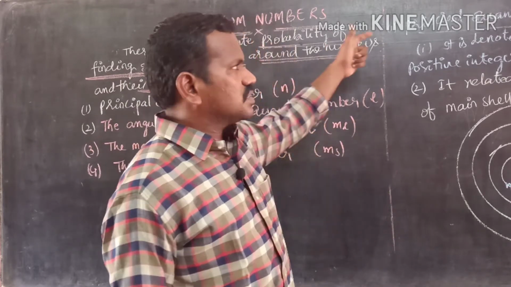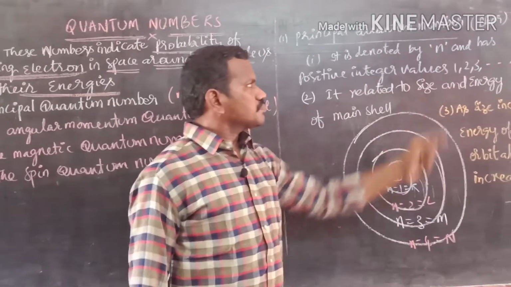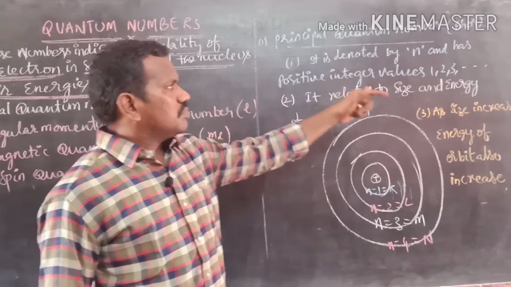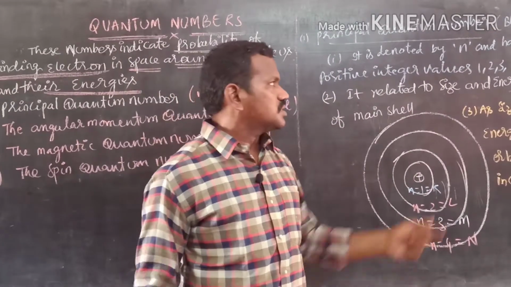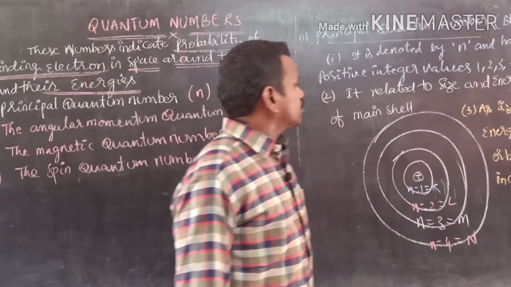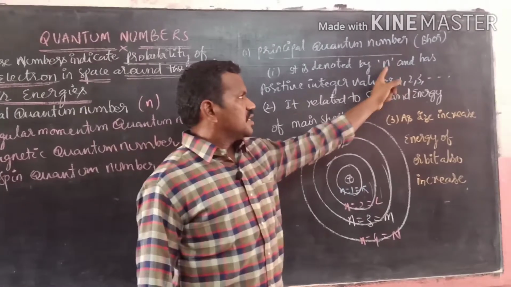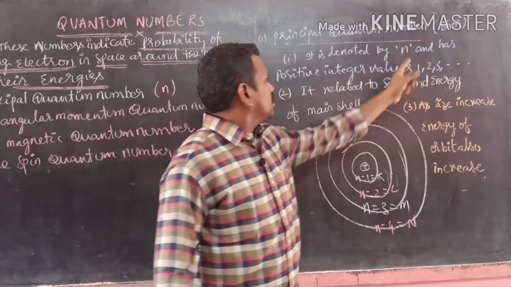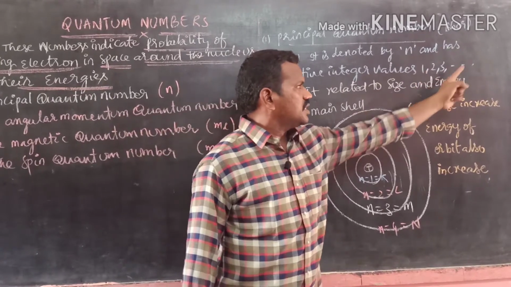Let us come to the first quantum number, the principal quantum number. It was discovered by Niels Bohr, which means the basic concept was invented by Niels Bohr. It is denoted by the letter n. It has positive integer values, that is 1, 2, 3 and so on.